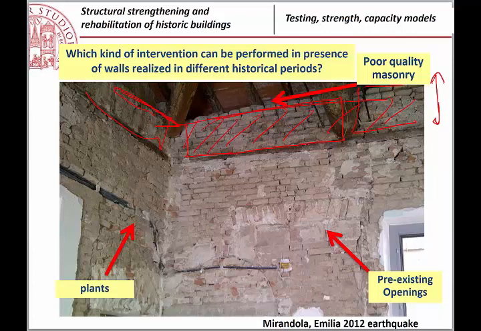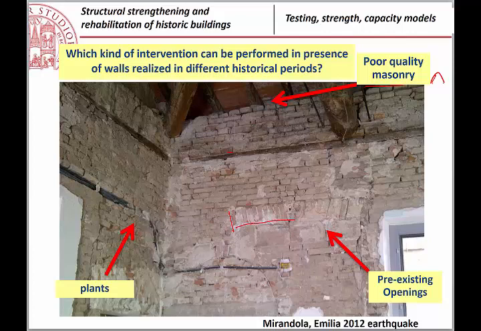even if it was not important for the construction at that time. Then this picture is also interesting to show you what you can find in existing old buildings in terms of heterogeneity of the materials and of the wall.